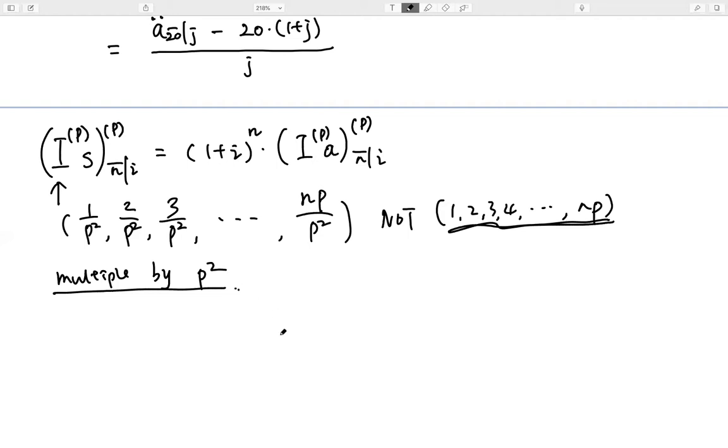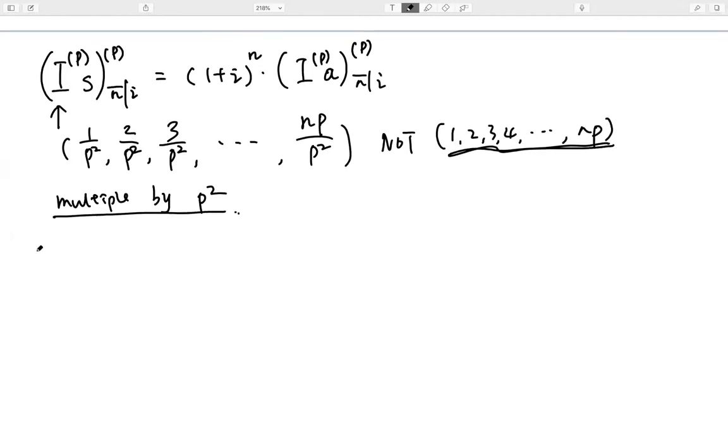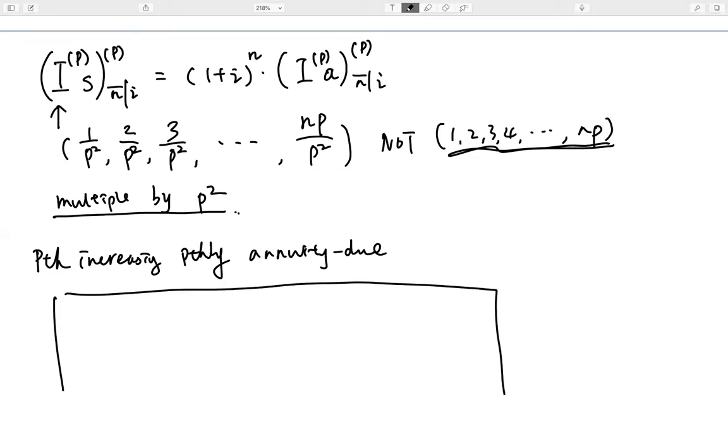The next thing is for the P-thly increasing annuity due, right? So I don't do the mathematical work anymore, because we always know the immediate case.